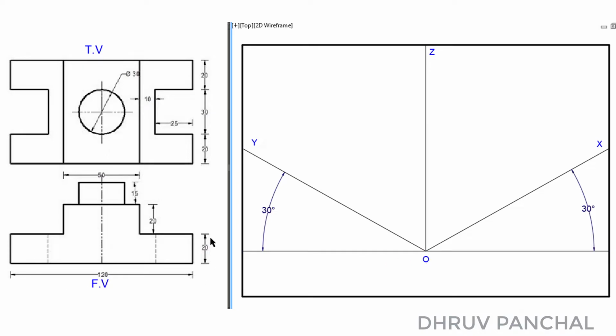Now, let us observe the front view and top view of the given object, and with the help of a ruler scale, from point O, draw a vertical line of 20 mm, draw a line parallel to line OX of 35 mm, draw a line parallel to line OZ of 20 mm, draw a line parallel to line OX of 50 mm, draw a line parallel to line OZ of 20 mm, draw a line parallel to line OX of 35 mm, draw a line parallel to line OZ of 20 mm, and draw a line of 120 mm as shown.